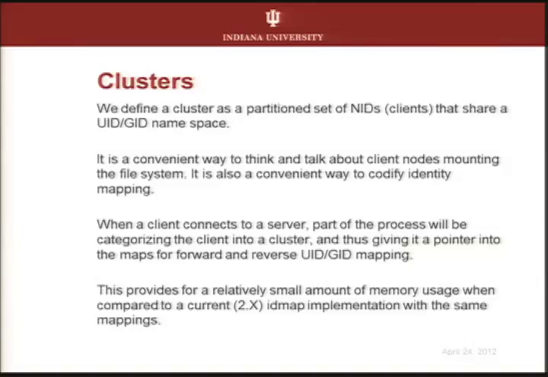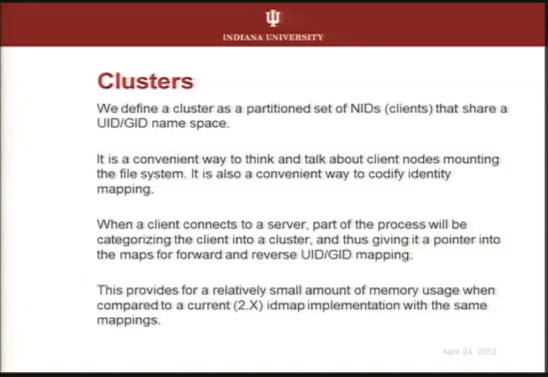So to get here, I need to talk about clusters. When we build systems that mount our Lustre file systems, we don't think about them as 1,000 individual machines. We think about them as groups, sort of as whole cloth. And what I want to do is apply policies to the clients in that same method.